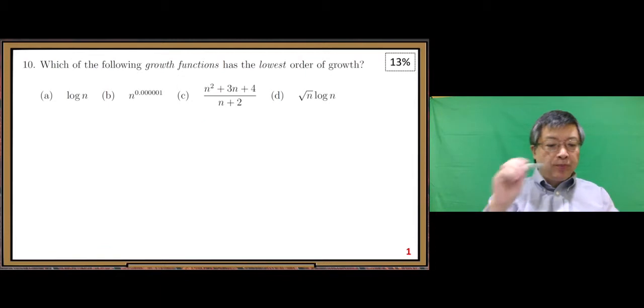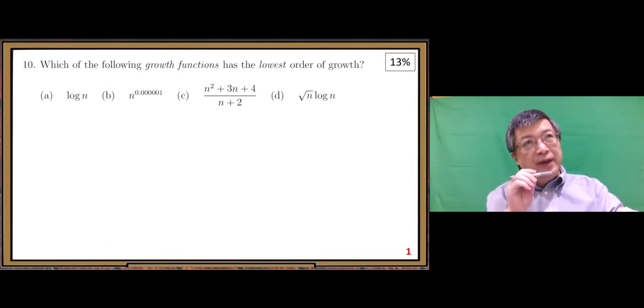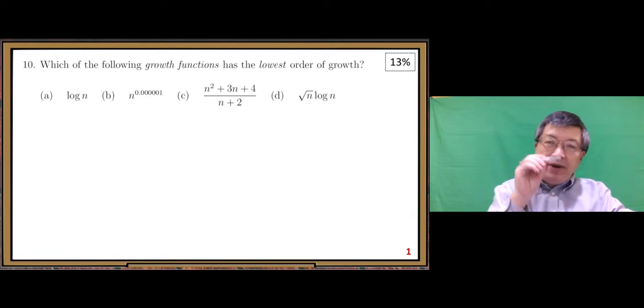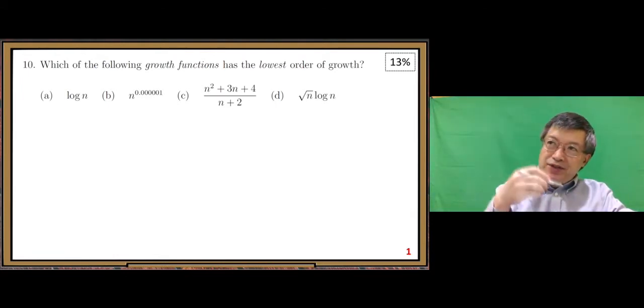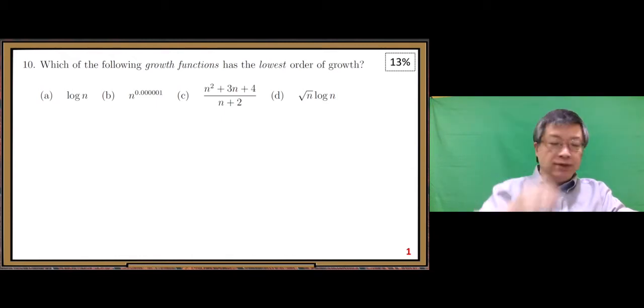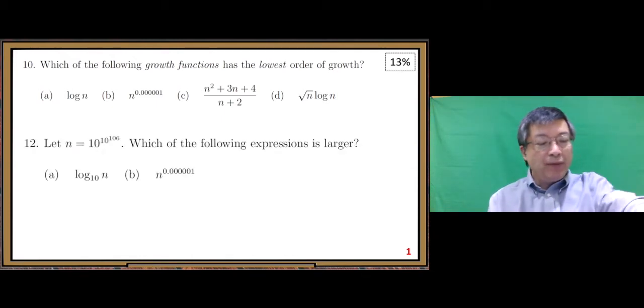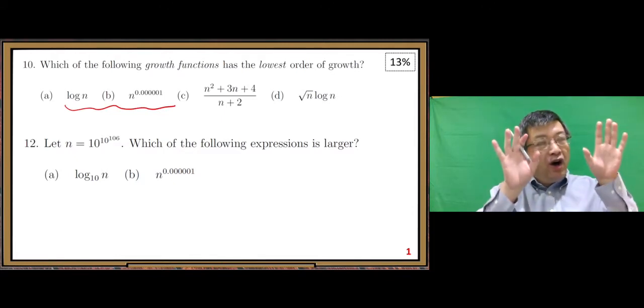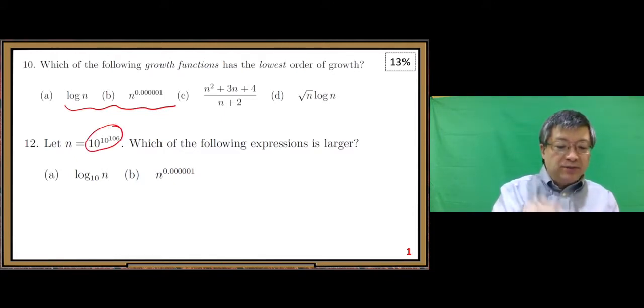But I put this one to compare with the next one, because the next question is very close to this one. I use these two back to back for comparison. In number 12, I compare two expressions on concrete numbers.